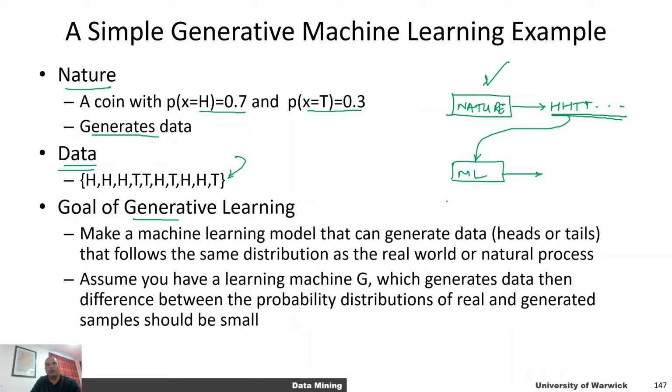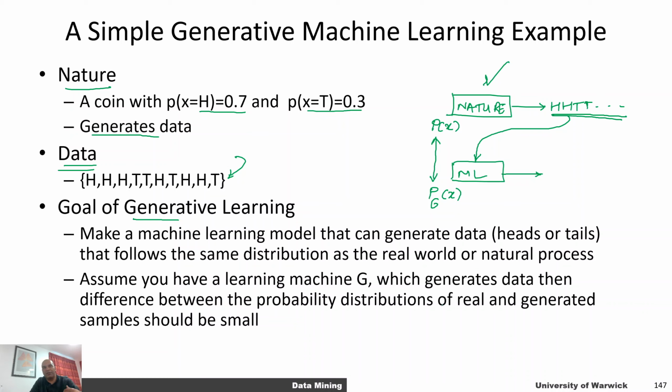So let's say you've got two probability distributions: you've got a natural distribution p of x, and then you've got a machine learning based process that is generating the same data. The probability distribution of both of these should be identical.